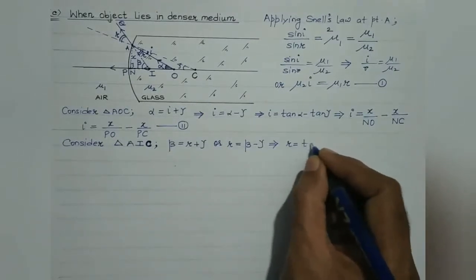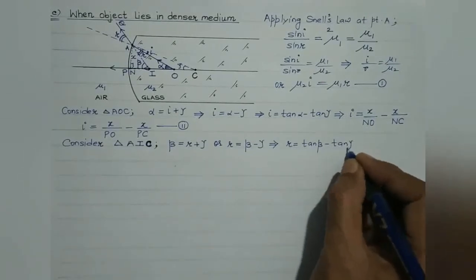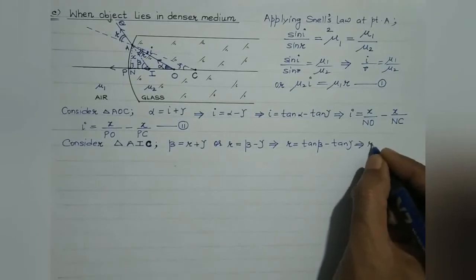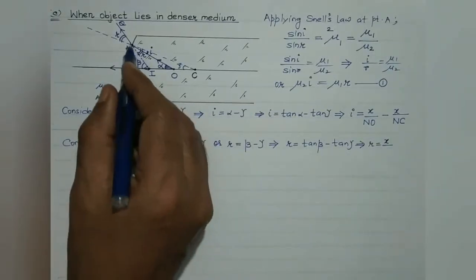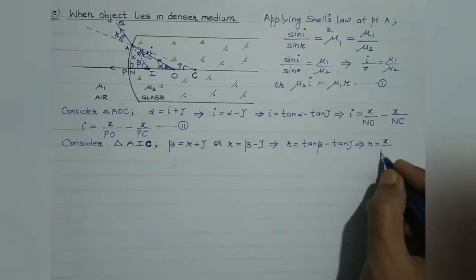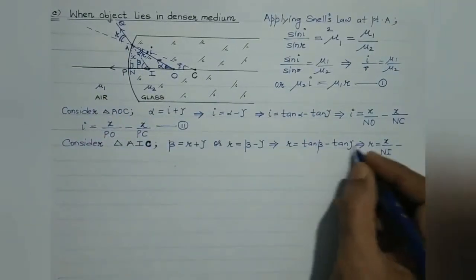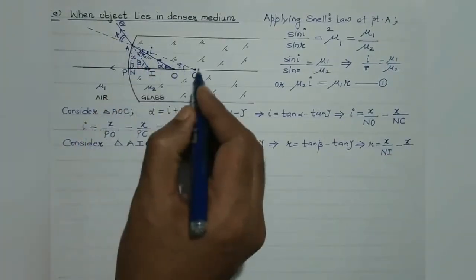Therefore r may be written as tan beta minus tan gamma, which further implies that r is equal to x divided by tan beta. So we are talking about this triangle, perpendicular by base NI, minus tan gamma, it is x over tan gamma, perpendicular by base, that is NC.